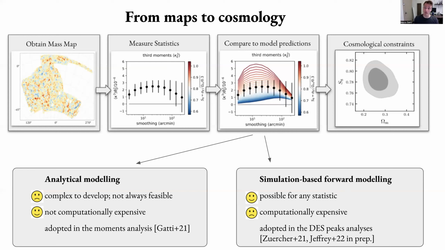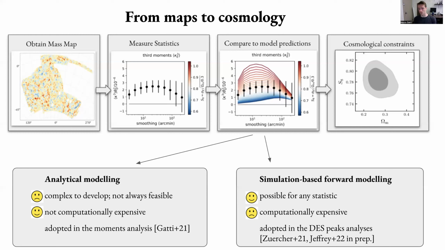It consists of simulating your observable. So you basically run many N-body simulations for different values of your cosmological parameters. And for each of those, you make sure that you faithfully reproduce your weak lensing observable. So you need to be able to reproduce the right redshift distribution, the right shape noise, and the right mask of your weak lensing sample. And then you measure in simulations the same non-Gaussian statistics that you'll be measuring in data.